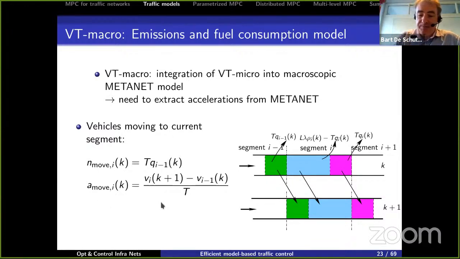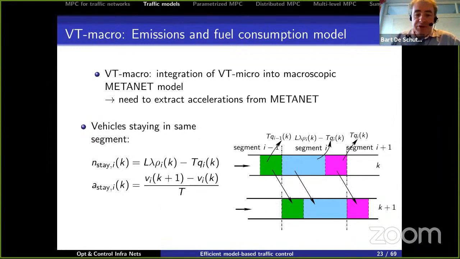We also need to describe the vehicles that stay in the segment. There we look at the number of vehicles in the segment, and we subtract the number of vehicles that go out of the segment. So this here is the total number of vehicles in the segment, and we subtract the pink part, so they are discarded.